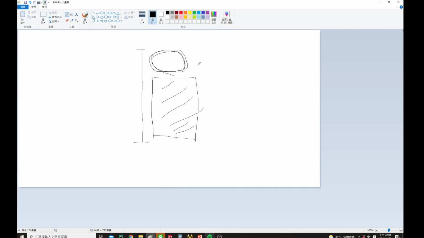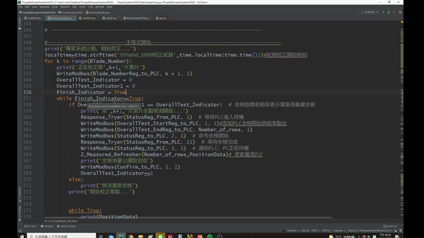For example, we set overall test indicator 1 to 0. Initially they are all 0. And then after we finish an overall test, the overall test indicator will plus 1.